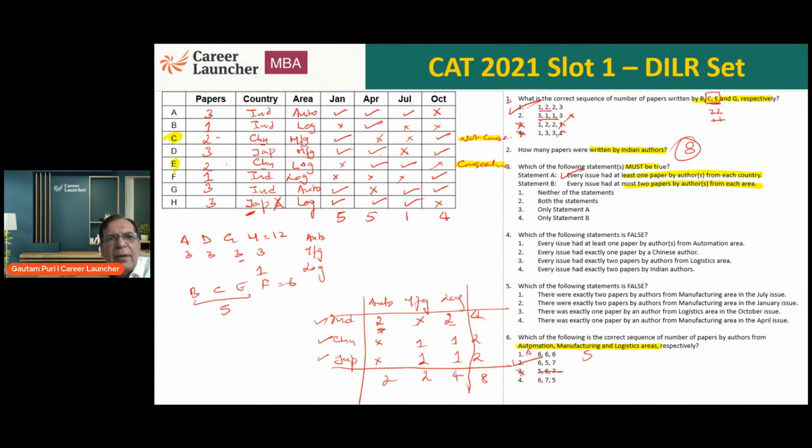In January, the first paper is from, or rather, A is from the automation area, and he's done January, April and July. So 1, 1, 1. Okay. Then B is logistics. Logistics April 1 only. Then we have C is manufacturing, 1 January, 1 October.